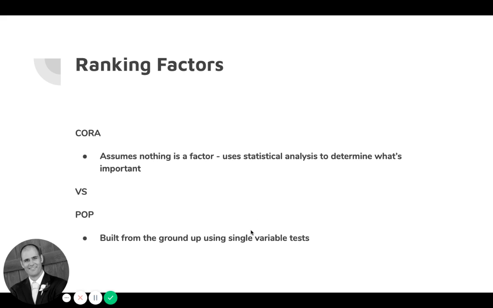So Page Optimizer Pro says that having your exact keyword in your title is important and you should always do it. Whereas CORA might come back and say that having your search term in your title is not statistically relevant, so you don't need to do it. That's the difference between the two in how the ranking factors have been pulled together.